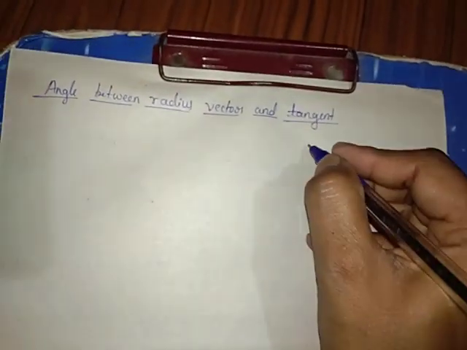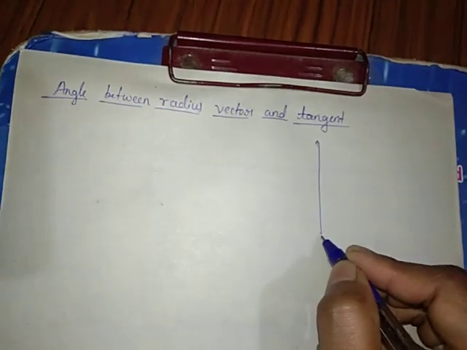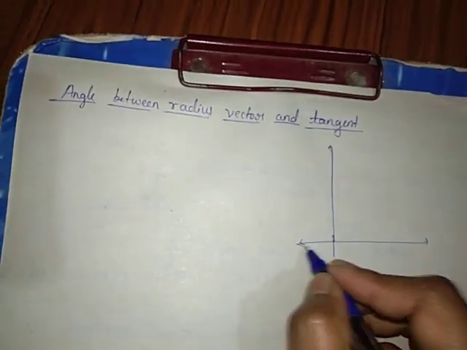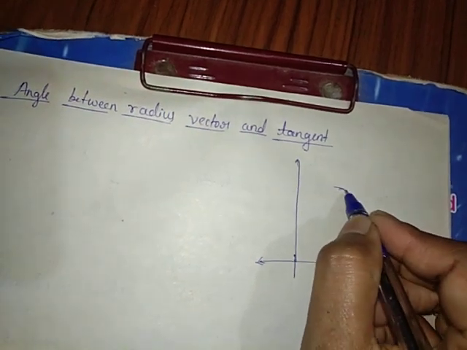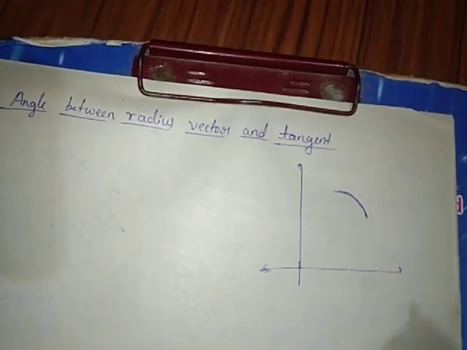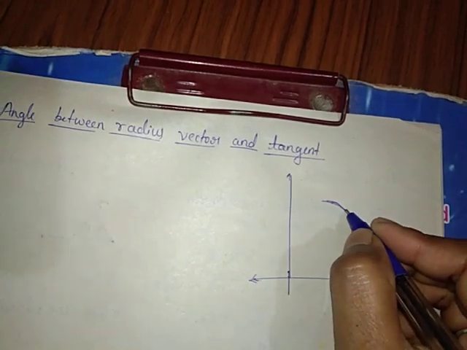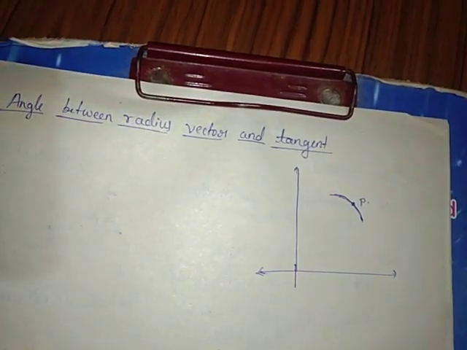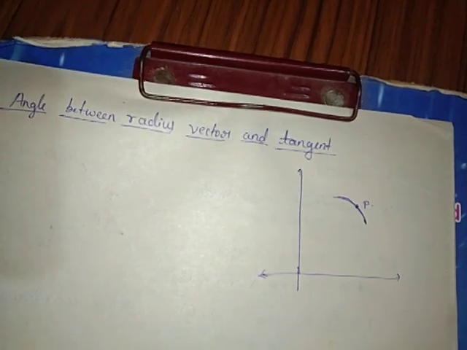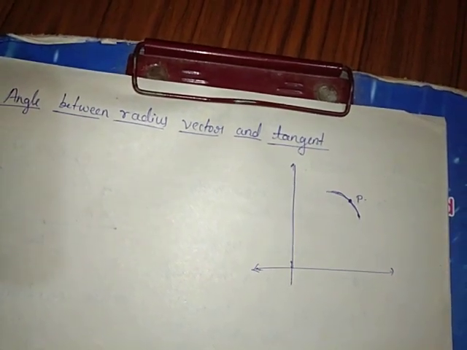Consider the xy plane. In that plane, consider a curve. On that curve, consider a point P, any point on that curve.